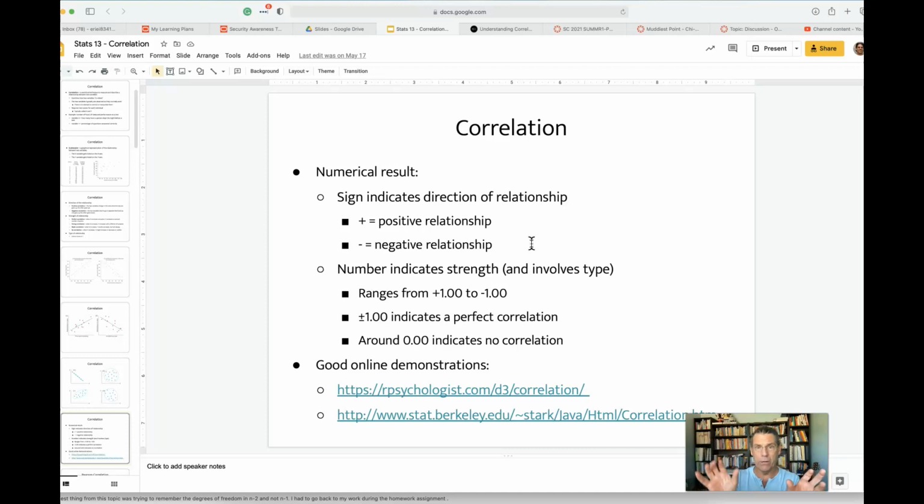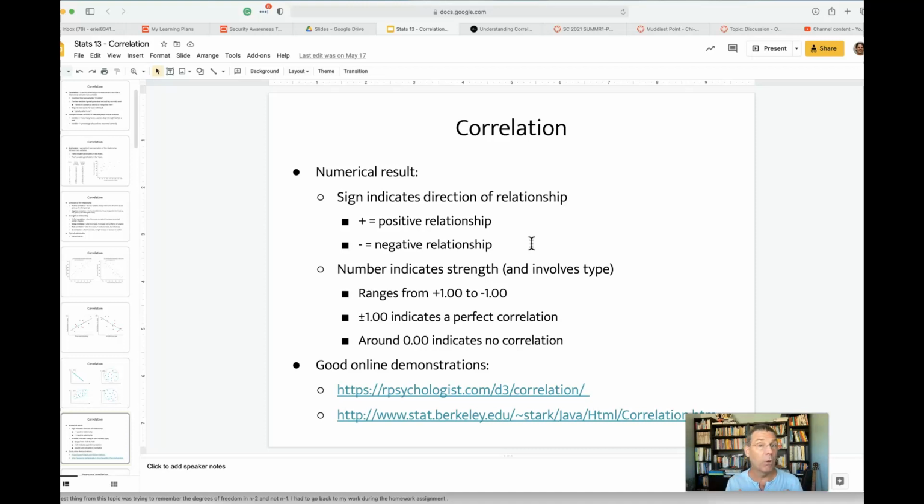As a very simple example, is your height correlated to your weight? Yeah, probably. People who are taller, in other words, they score high on height, tend to be heavier. People who score low on height tend to score low on weight.